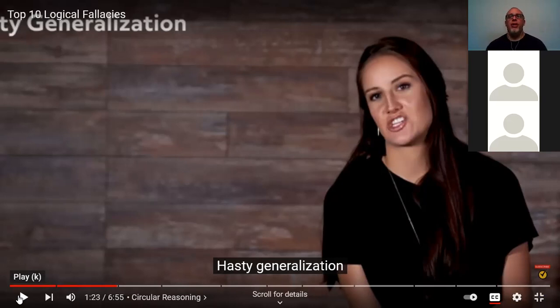That's how you're usually going to see it. It's not going to be so obvious. It could be, but most of the time they won't be basically saying, this is right because it's right, or, this is wrong because it's wrong. They will manipulate it some by using other words. So just keep that in mind. If you see other word choices, see if it's still the same definition. That's circular reasoning.